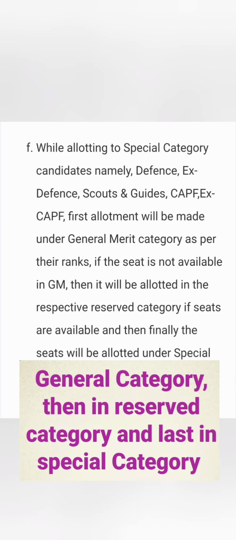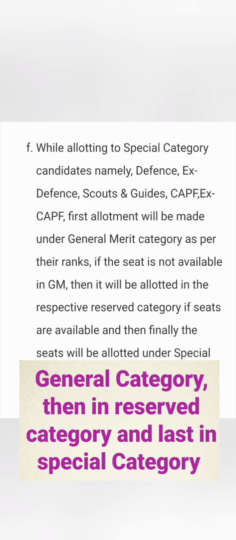That's all. Now point number F is for the special category, which are like defense categories, ex-defense, scout and guide, CAPF, ex-CAPF, right? So in this category also, all the students' ranks will first be checked by the computer for the general merit seat. If a general merit seat is available, they will be provided a general merit seat.